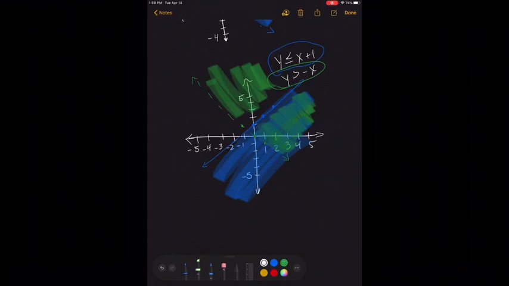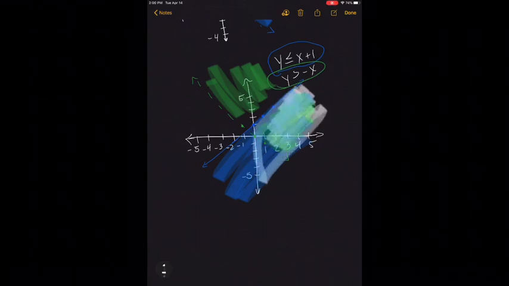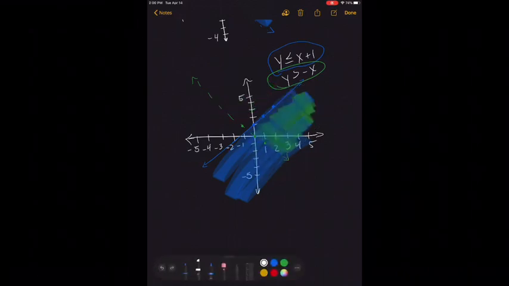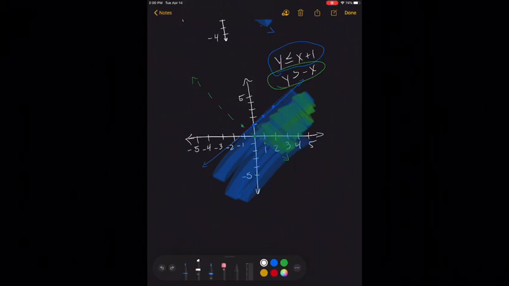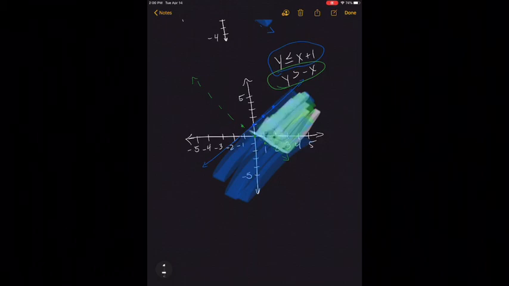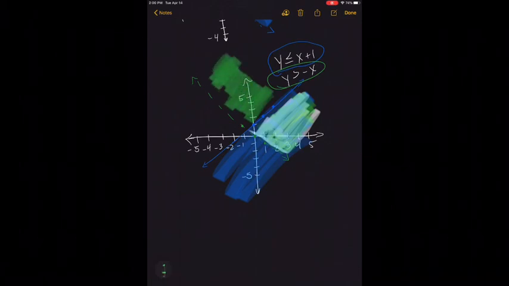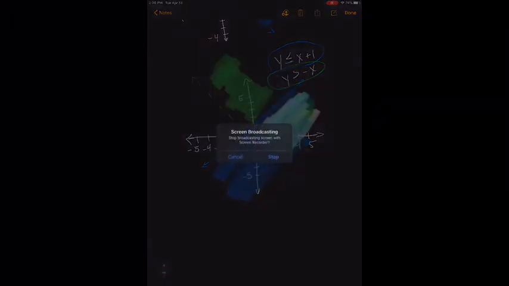But the primary thing that you're looking for when you have two equations is this area where they come together. Okay, so oops, I overdid it. Where they overlap is what you're wanting to look at. I overdrew that line there. Okay. Go ahead and finish up the practice problems here, and we will discuss them when we're done.